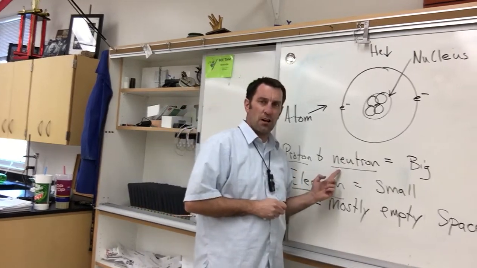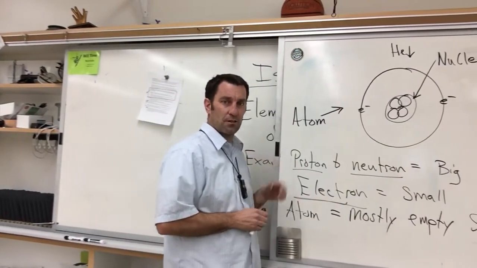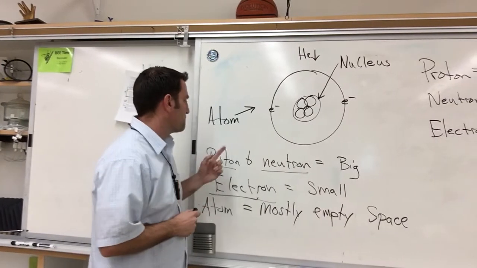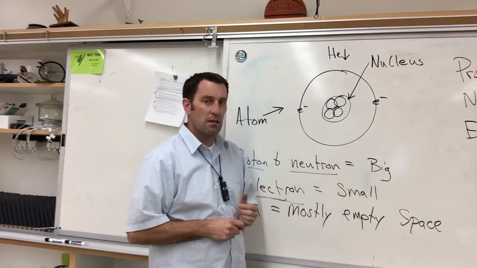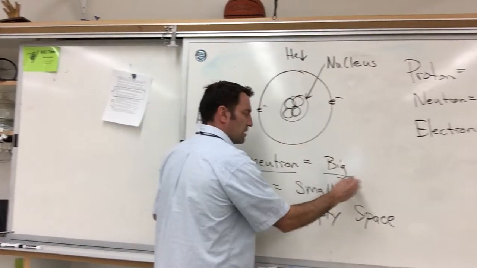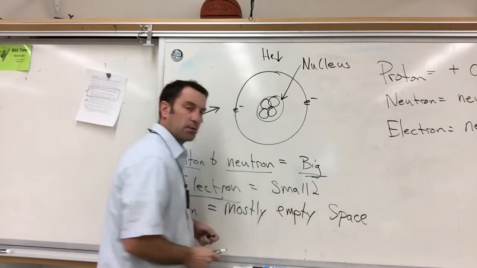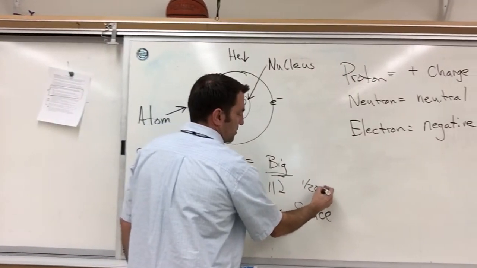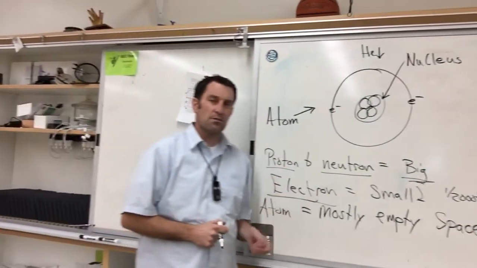My camera's in my base crooked, so I'm all bent at it. So what we have, our protons and neutrons are relatively big. And when we say relatively, we mean they're extremely small, but they're way bigger than the electron. The electron, in fact, is 1/2000th the size of the protons and neutrons.